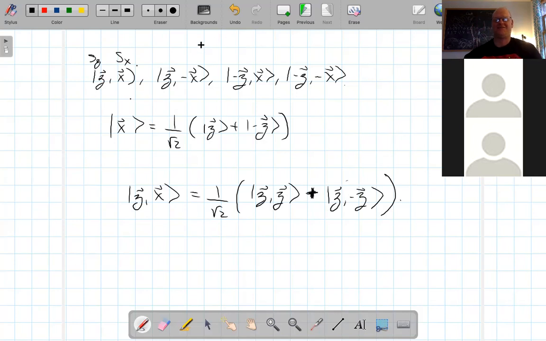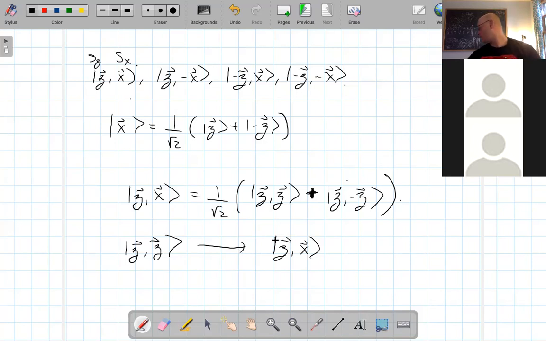So notice one way I can make the states is to start off with the original states. Let's say I have both of them ZZ. I can get to this state of ZX by simply rotating the second particle.